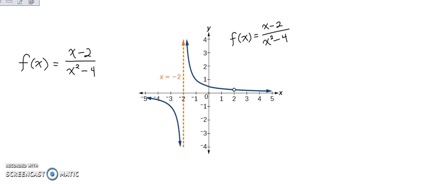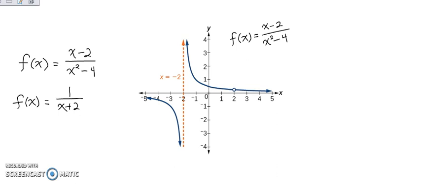When we simplified x minus 2 over x squared minus 4, we were left with 1 over x plus 2. And notice that no matter how much we simplified the original function, we still have an issue with x equals negative 2. x still can't be negative 2. So we have a vertical asymptote there.